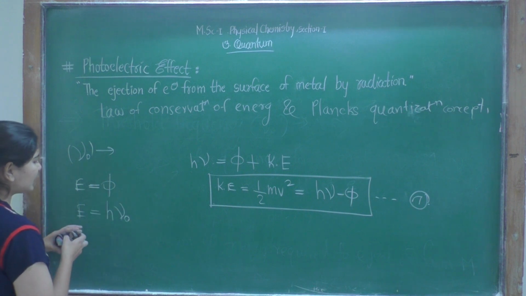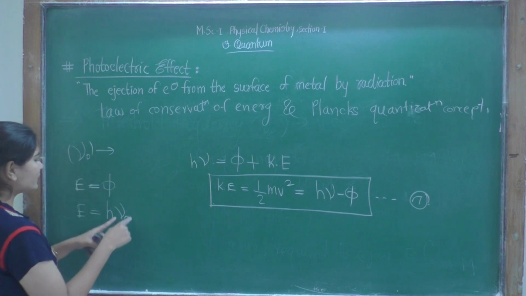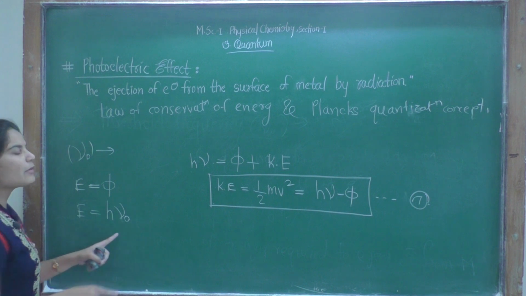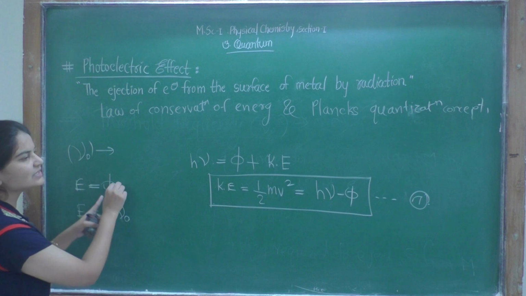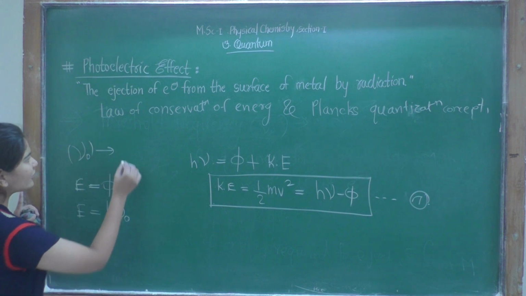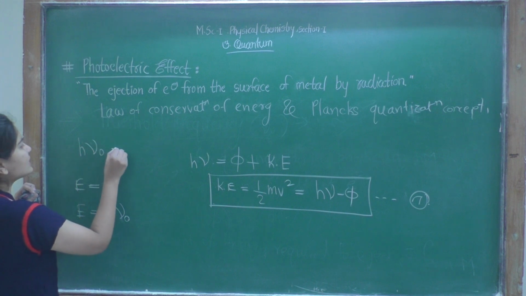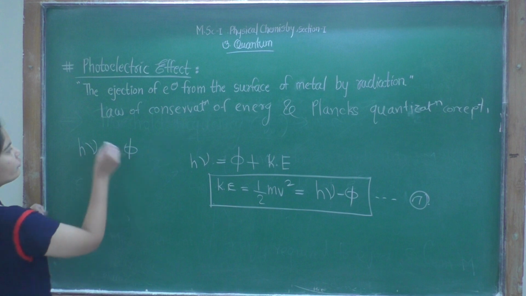Because we are using the threshold frequency, the minimum frequency required to eject. So E is equal to h nu naught and E is also equal to phi. So h nu naught is equal to phi.